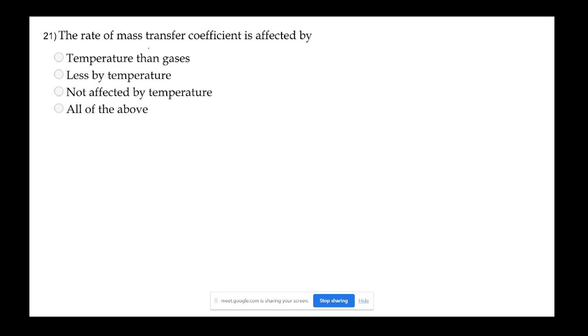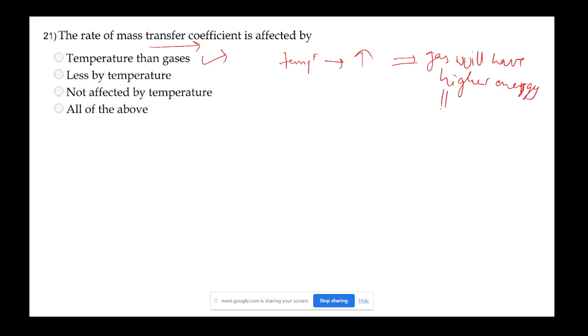The mass transfer coefficient is obviously dependent on the temperature of gases, because if the temperature is increased, then the gas will have higher energy, which will result in more mobility, which is represented by the mass transfer coefficient.